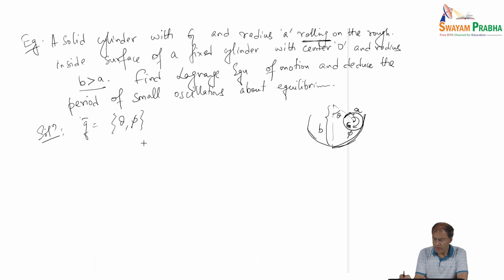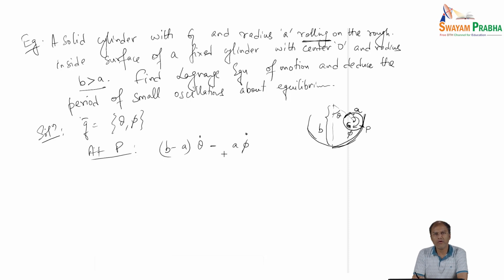Let us say the particle at contact is P. At P, the net velocity is given by B minus A times theta dot minus A times phi dot.